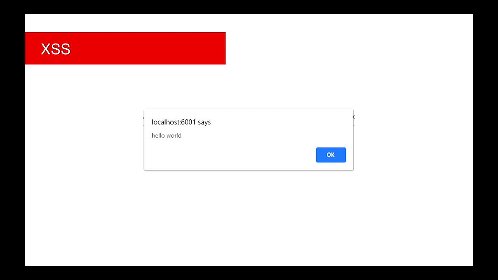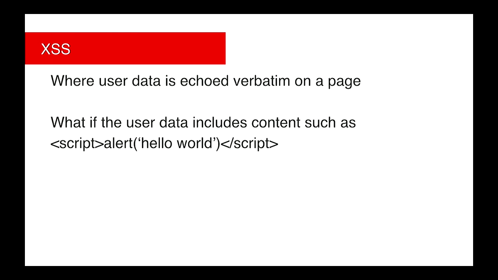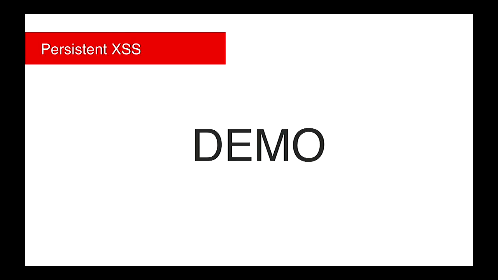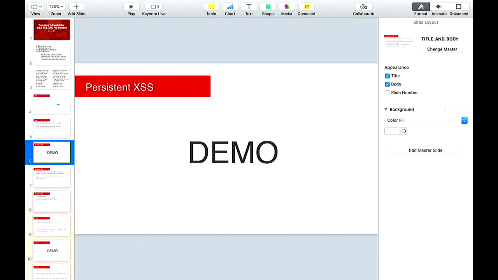That's well and good. An alert box is not great, but I'm actually not that concerned if that's all an attacker can do. So a better question is, what could you actually do with a cross-site scripting attack?